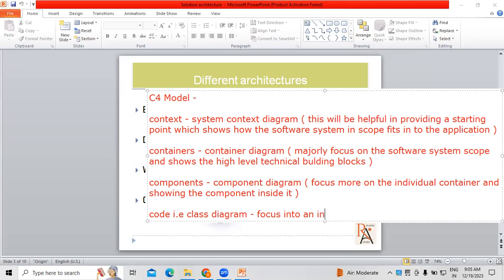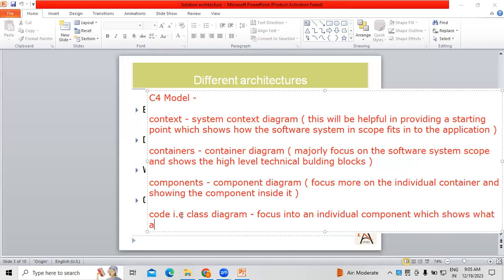It focuses on an individual component, which shows what internally we need to develop.